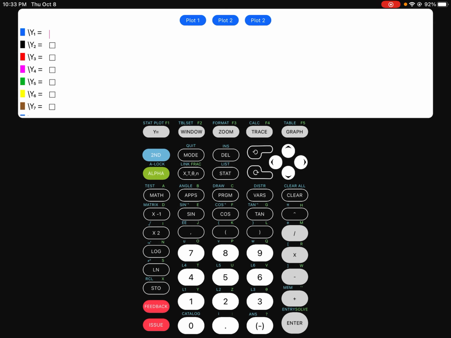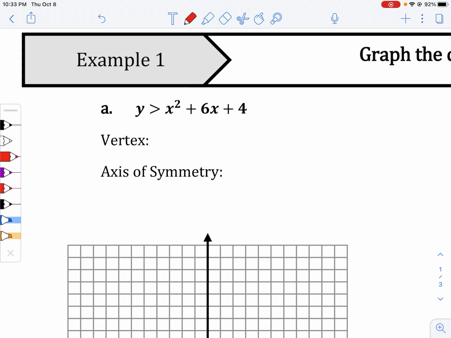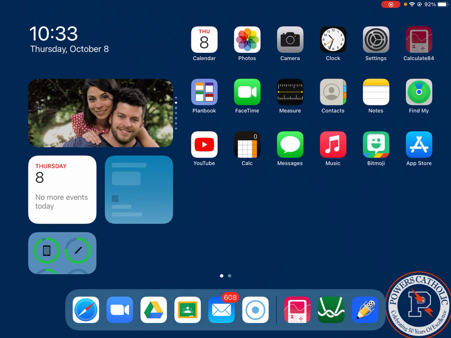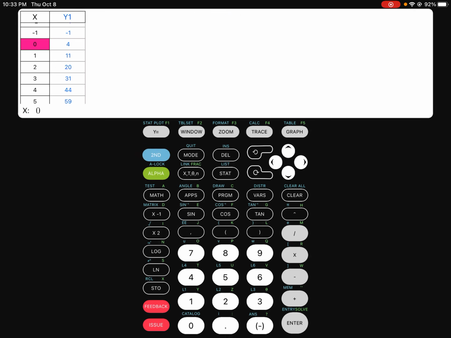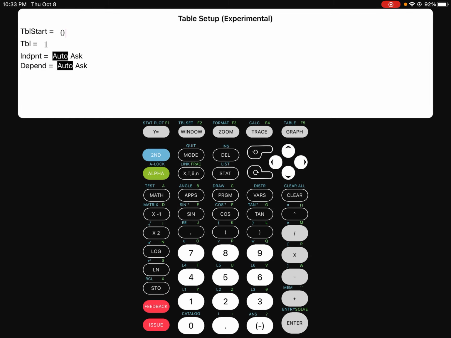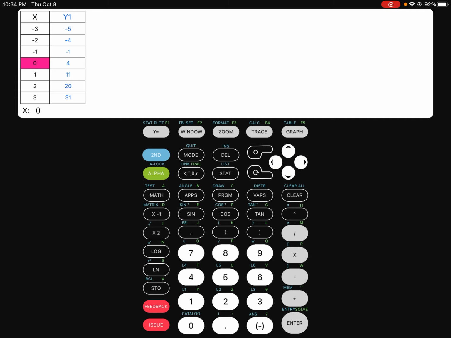It's x squared plus 6x plus 4. If you hit second table, you can scroll through your table here. If you need to change what you're counting by, it's second table set or second window. And this second section is what you want to change to a 1 or a 0.5.